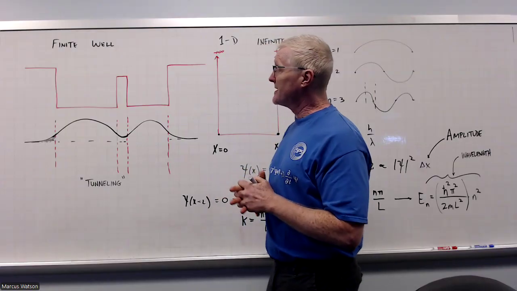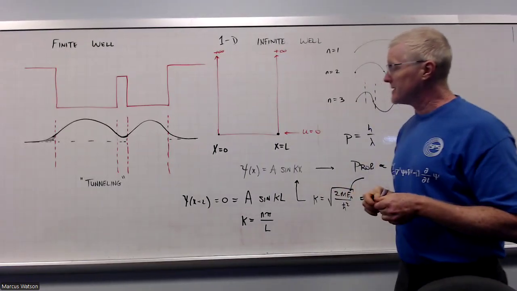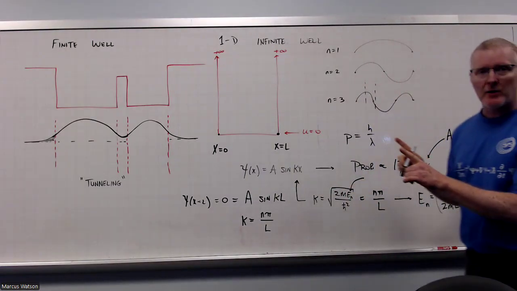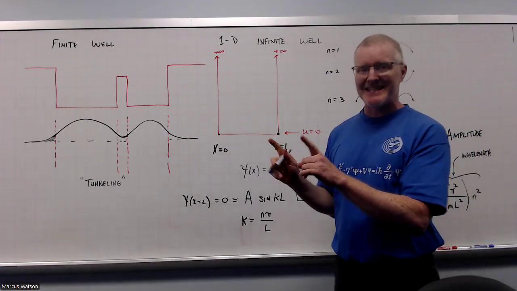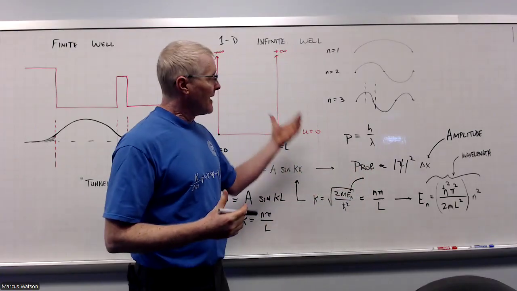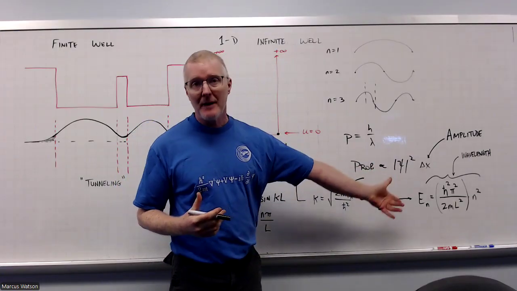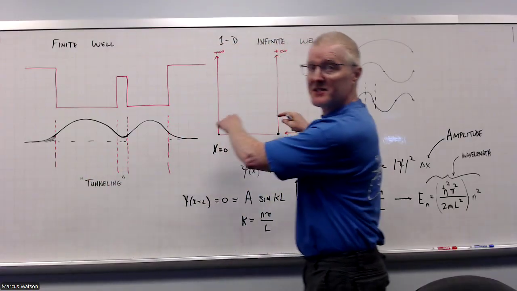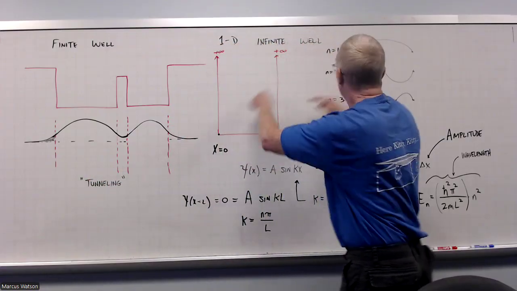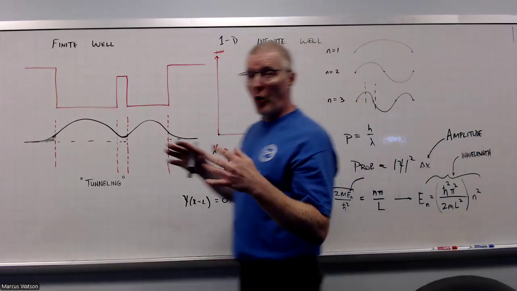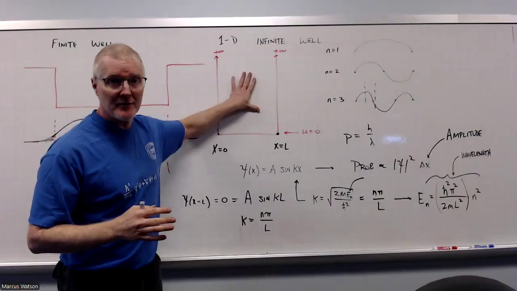Anyway, the takeaway pieces that I'd like you to consider: when you look at what the wave function is telling you, examine the amplitude, and that tells you probability. Examine the wavelength, that tells you about the energy. And then look at the tails. Is it straight down to zero? Is it stopping at zero? Because that would be an infinite well.